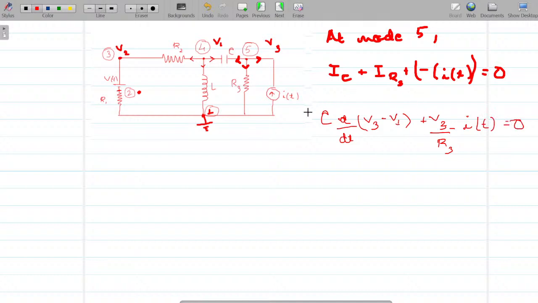For now, just listen to whatever I'm saying. Once we approach questions, things would get easier. Whatever we have discussed so far, all you need to understand is how to identify nodes and how to write currents. You need to understand one sign convention: all the currents you will assume to be leaving the node.